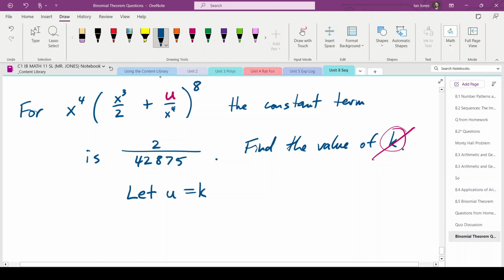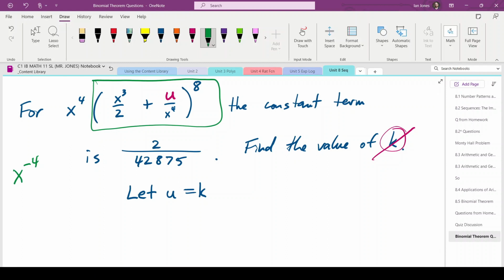And when this whole thing has x to the 0, that's going to be when this part of it has an x to the negative 4, because x to the negative 4 times x to the 4 is x to the 0, 1, that's the constant term. So in my binomial expansion, I want to see when I am going to end up with x to the negative 4. And then from there, I could figure out what the value of u has to be.